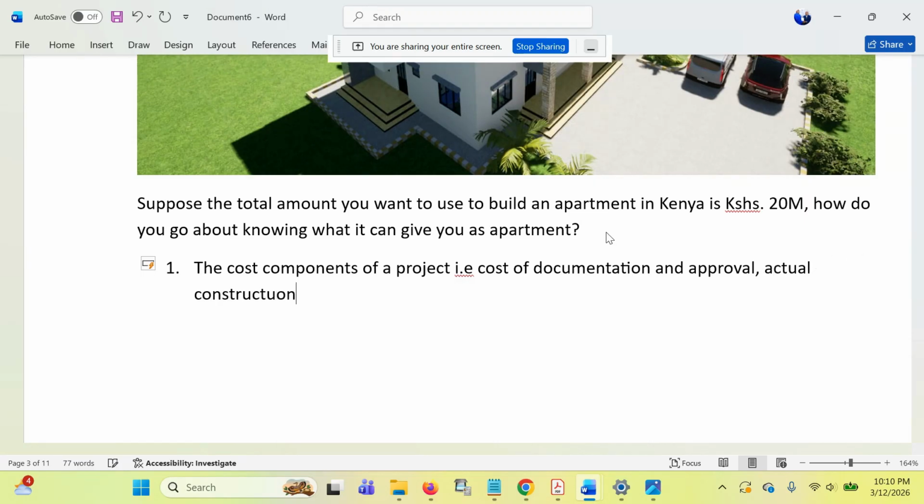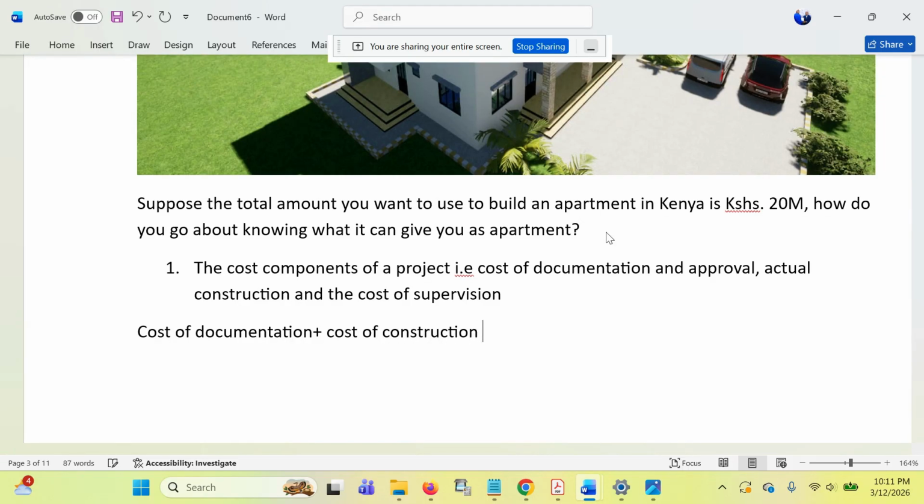That is, for you to do a project, you have to look at the cost of documentation and approval. You have to look at the actual construction cost and the cost of supervision.